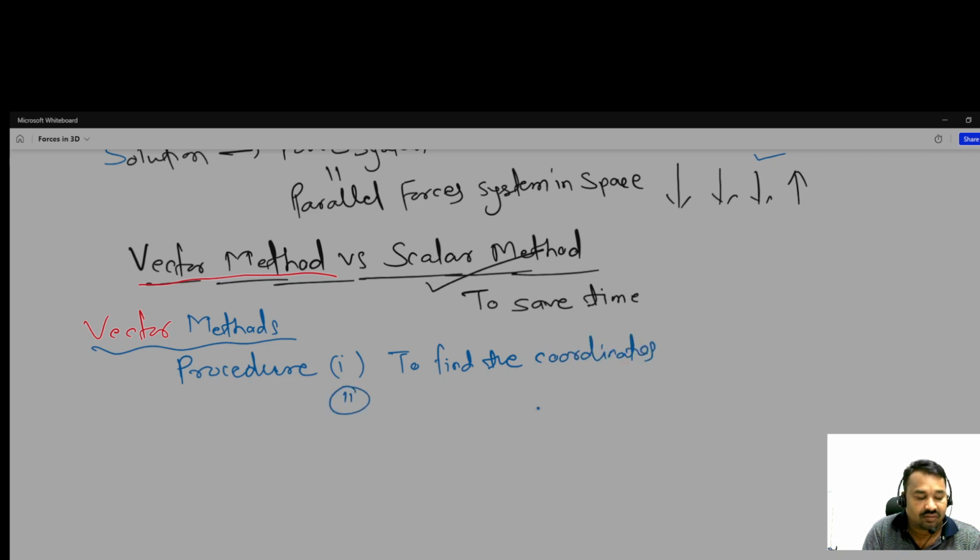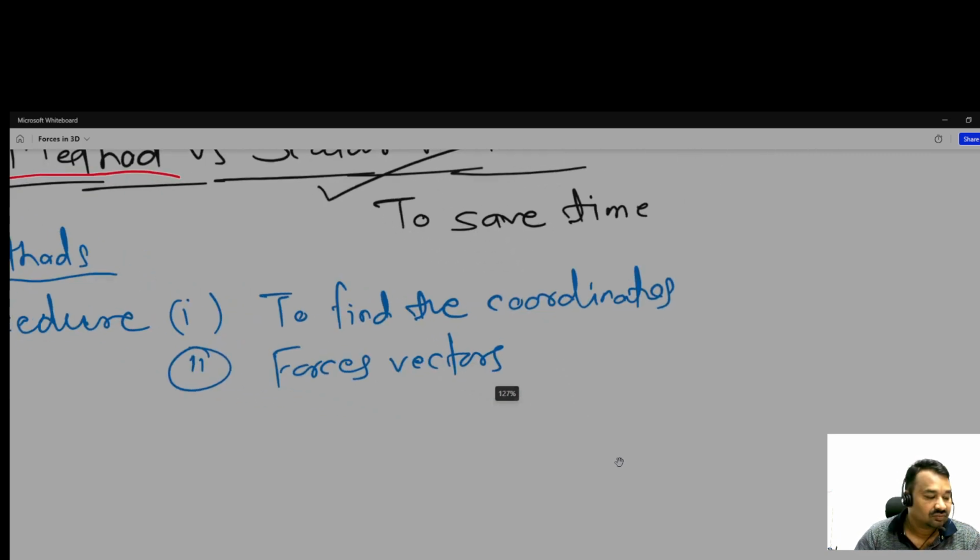Second is force vectors, like F1, F2, F3, and so on.